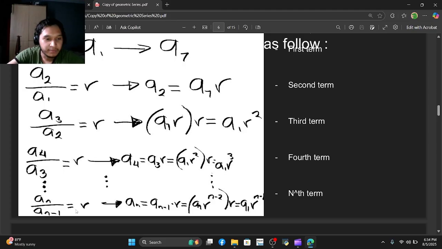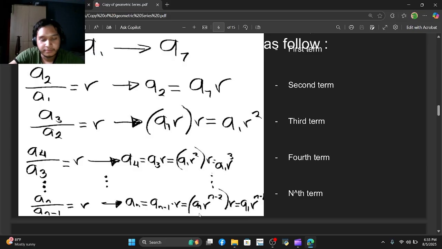We're not talking about this number, not 7 or any number, but the previous number. So that's what we put here, the previous number. We have to multiply it by r because that's the ratio.